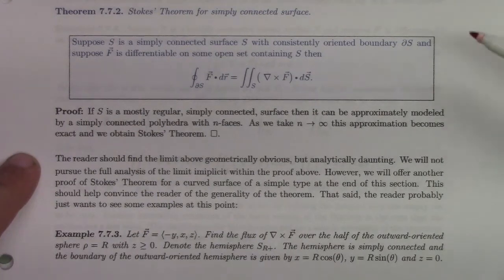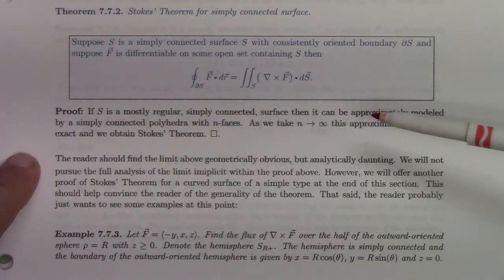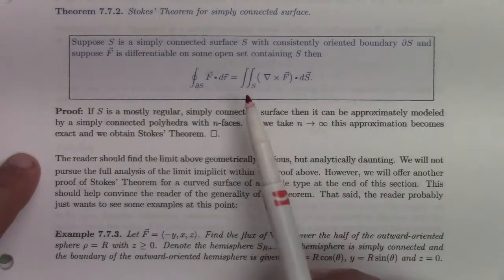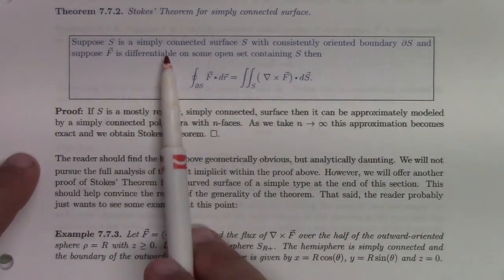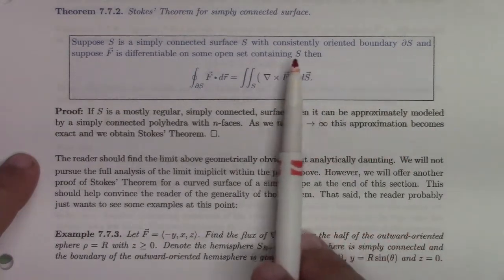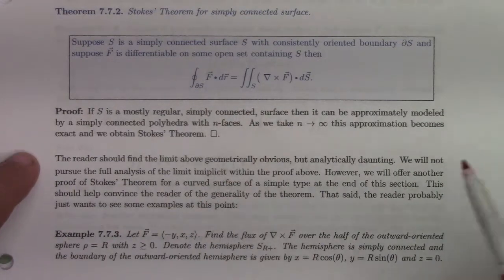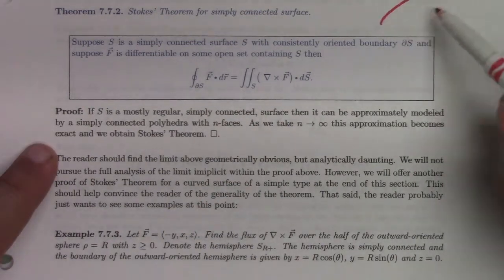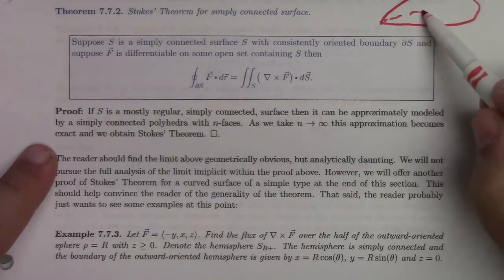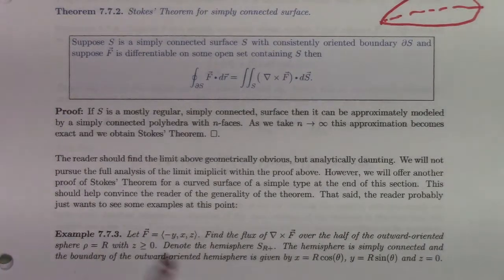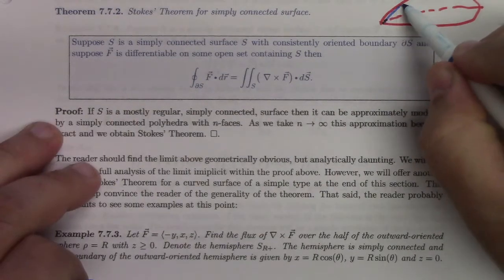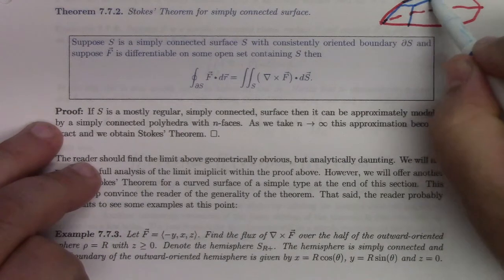And then of course this Stokes theorem doesn't just hold for polyhedra, it holds for a simply connected surface with a consistently oriented boundary, like so. And so the first proof I would give is just, well, take your surface, whatever it looks like, and find your best polyhedral approximation with 1,000 faces, and then believe in the existence of higher polyhedral approximations for the surface.